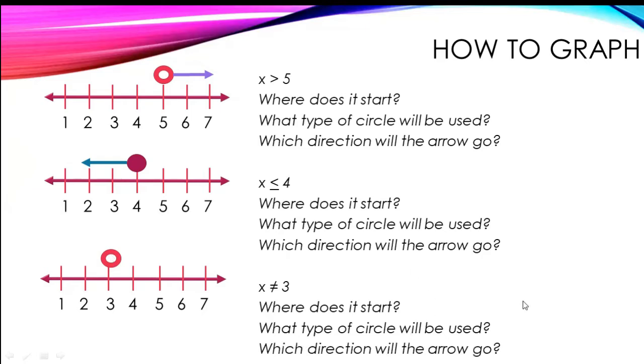But which direction will the arrow go? x is not equal to 3 means it can be 4, 5, 6, 7, or it can be 2, 1, whatever, because no less than value is given. 2 is also not equal to 3. 1 is also not equal to 3. When we go to the right side, 4 is also not equal to 3, and all the values to the right side are also not equal. So we go in both directions, left and right.